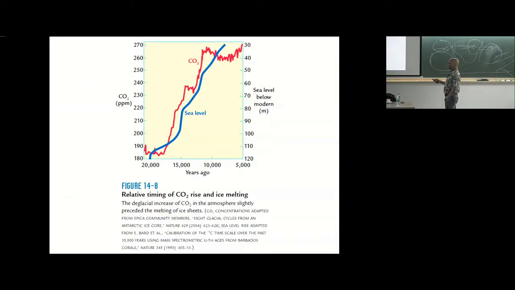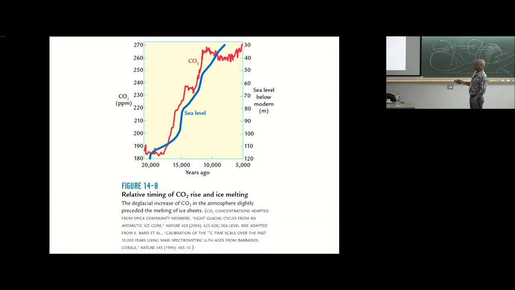So now you look at the sea level change, okay? It went from 120 meters below the modern sea level to about 30 meters below. So there is a change of 100 meters because of all that glacier melt over about 15,000 years.